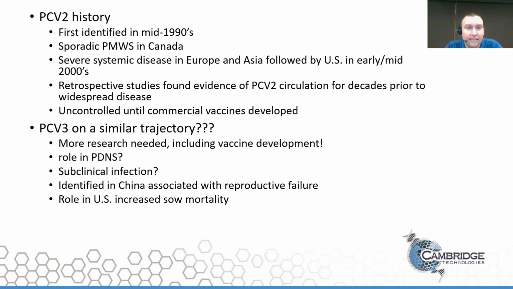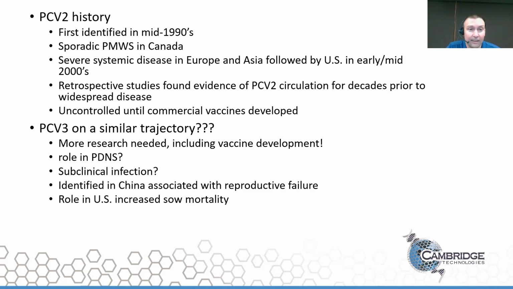So this last slide I always like to bring up when I talk about PCV3, the first part being the PCV2 history. I think most people are familiar with this, but PCV2 was first identified in the mid-90s in cases of sporadic PMWS in Canada. It was really the late 90s, early 2000s when we had the severe systemic disease in Europe and Asia, followed by the US.